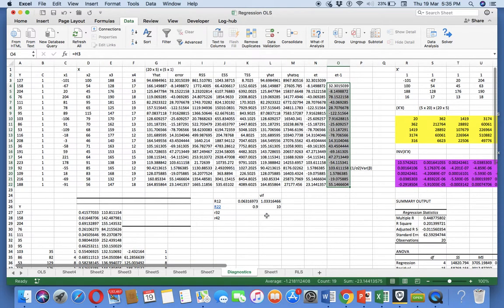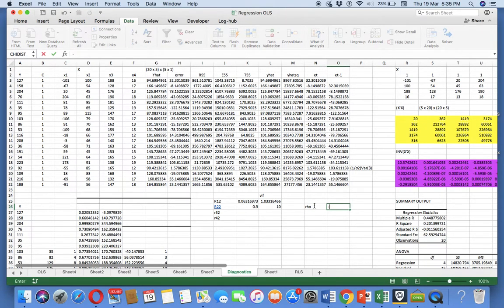So come back here. The correlation, which is called rho, is minus 0.4. From this we calculate the Durbin-Watson statistic, dW stat, which is equal to 2 into 1 minus rho.